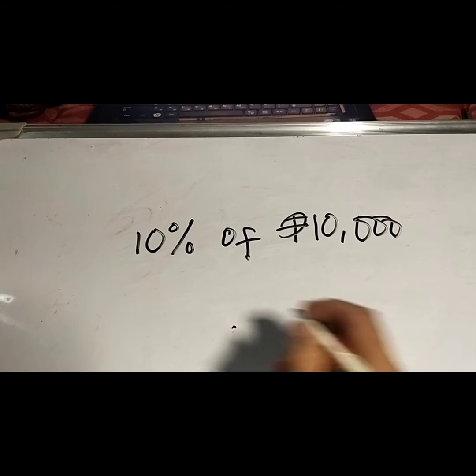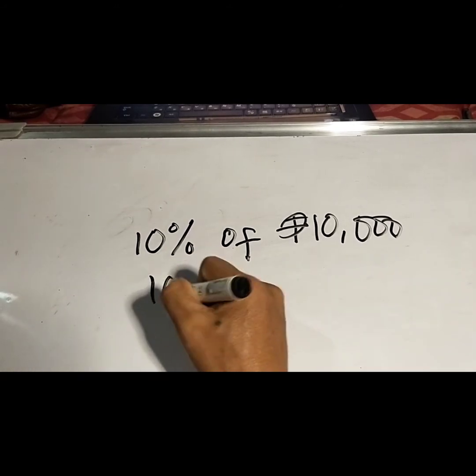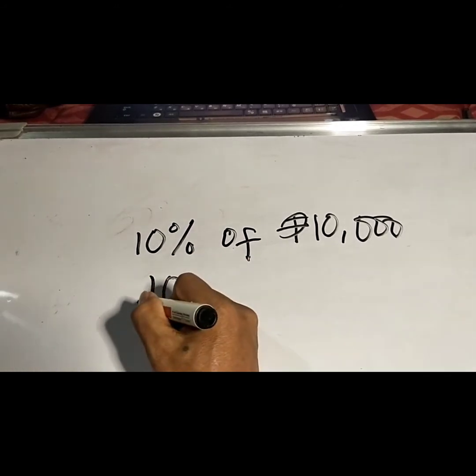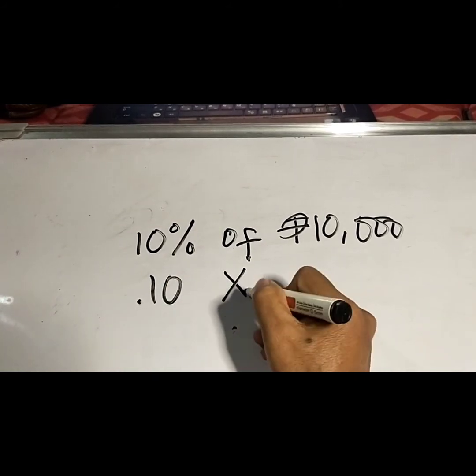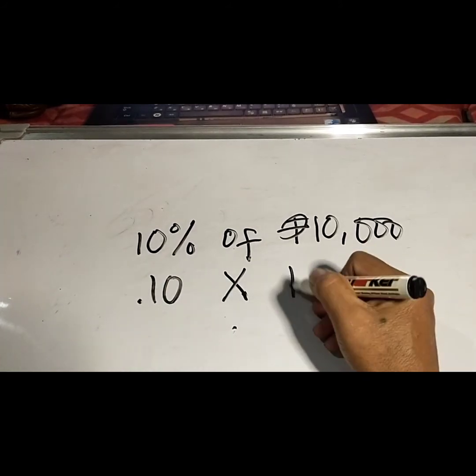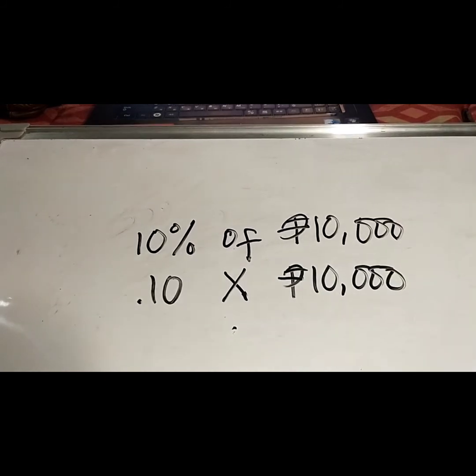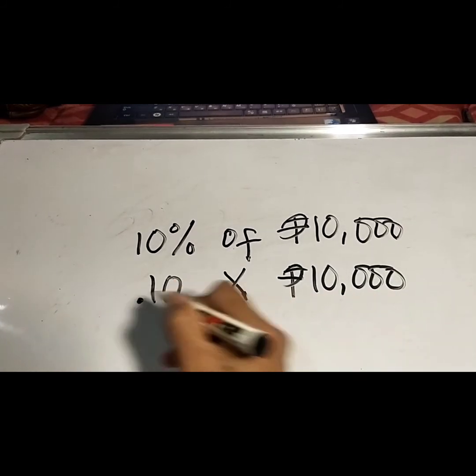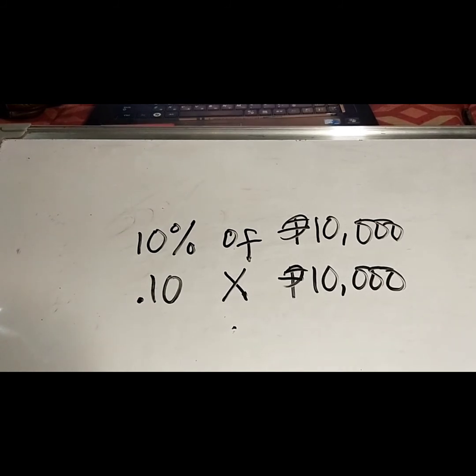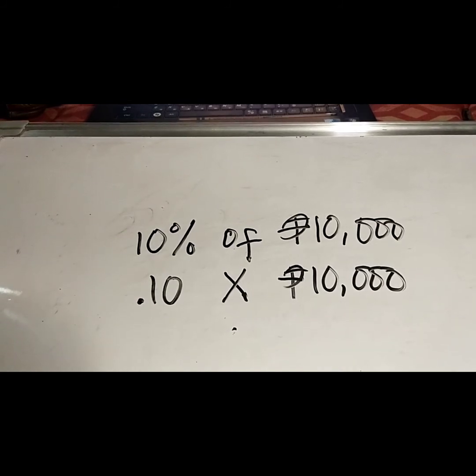So 10% becomes 10 hundredths or 0.10. Of means multiplication. So we have 10,000. Okay, we do the multiplication. Do we need to do it in a vertical manner? No need. We can multiply right away.